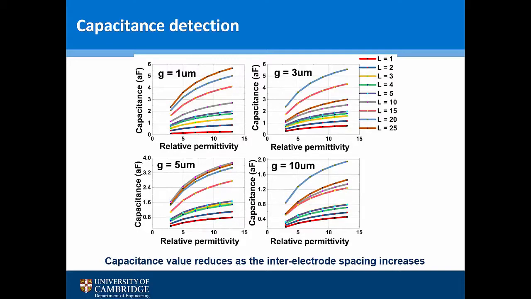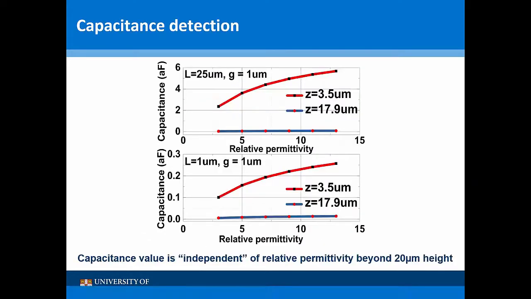Essentially, what this means is that higher than, say, 17.9 microns above the electrode surface, you don't see any signal again. But even at 17.9 microns above the electrode surface, the measured capacitance is essentially independent of the relative permittivity. So the relative permittivity is beneficial while the particle is as close to the electrodes as possible.